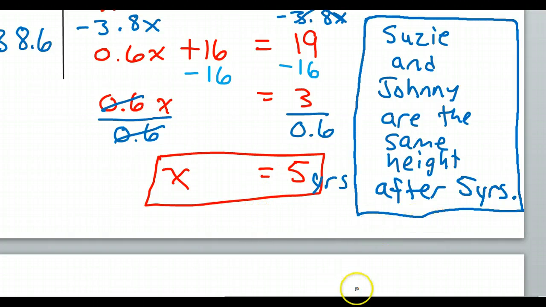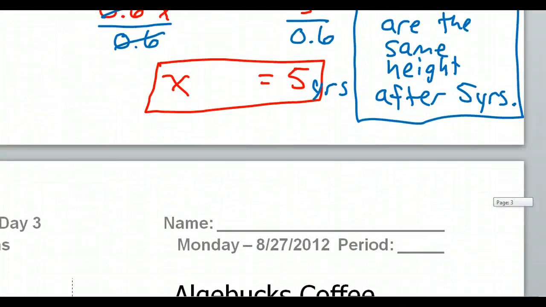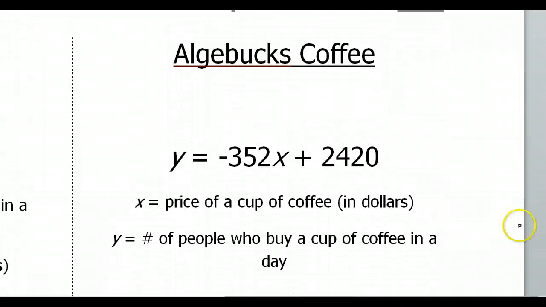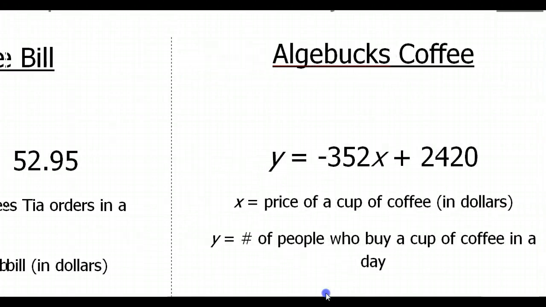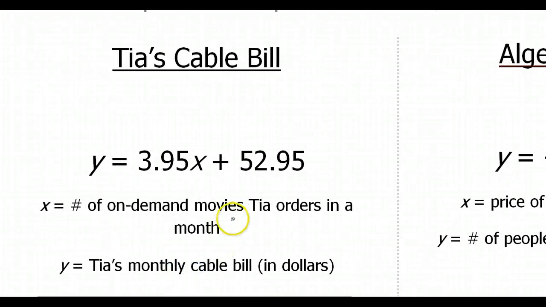Okay, we're probably getting pretty close to the end of the period by now. If there's any more time left in the class period, then you should go ahead and turn over the paper and work on Tia's cable bill.